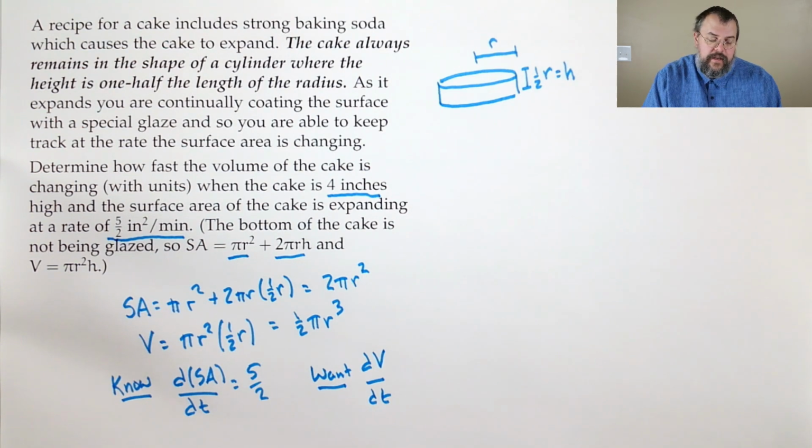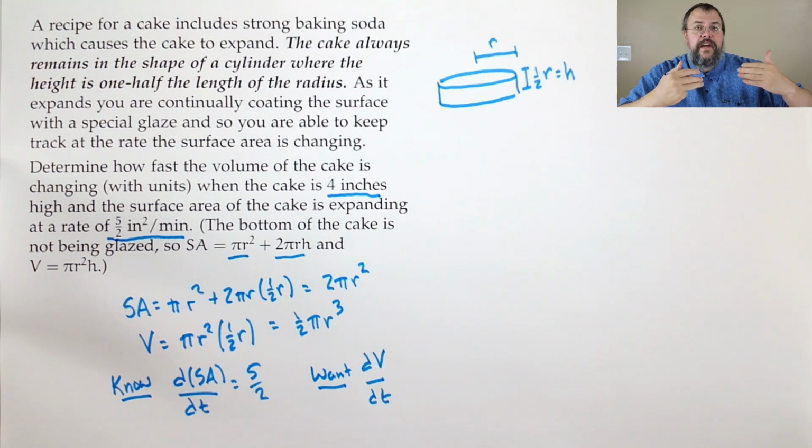Why? Because we have a formula that links surface area and radius, and a formula that relates radius and volume. We could manipulate and do that, but instead we'll use the radius as an in-between, an emissary of sorts.